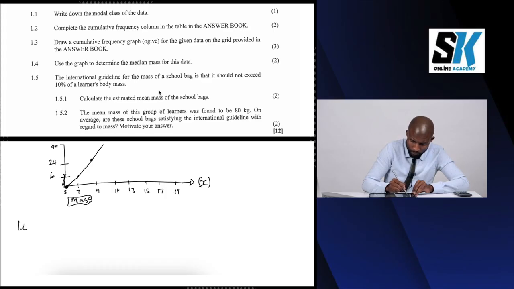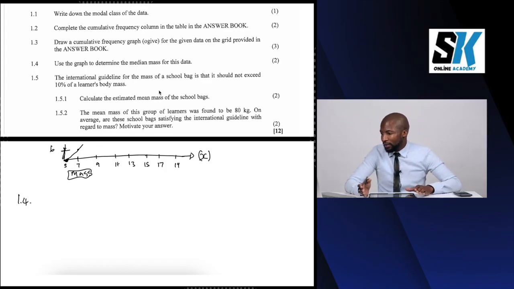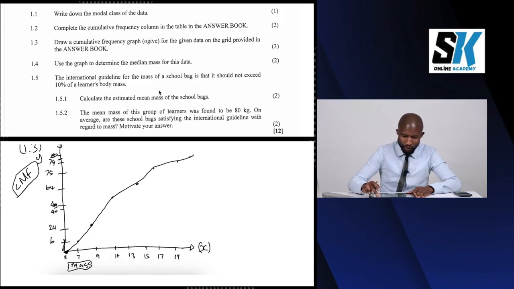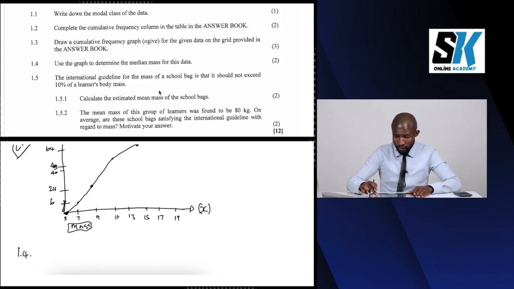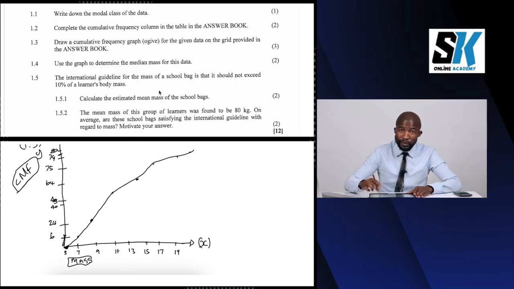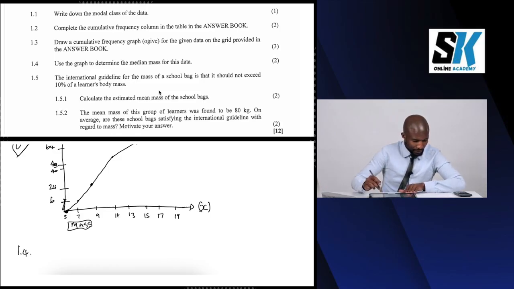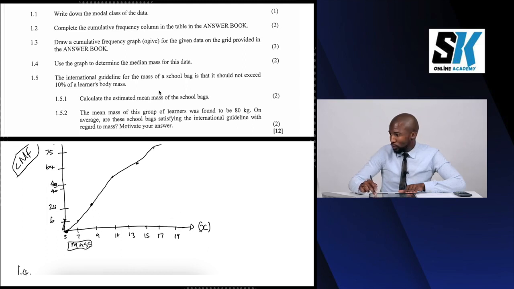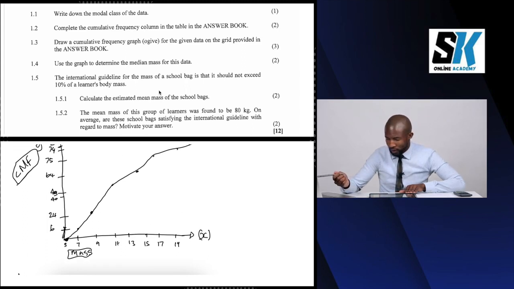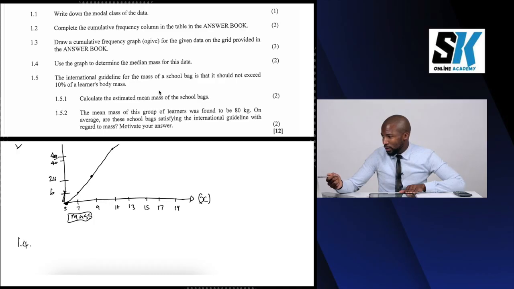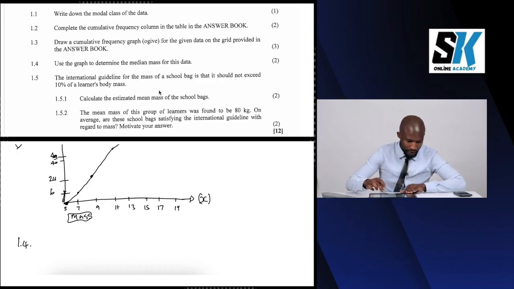In 1.4, they say use the graph to determine the median of this data. So to get the median, you must use your ogive. We already plotted our ogive, but we must use it to get the median of this data. So how do you get the median? You go to your ogive, then check where you can get your median.